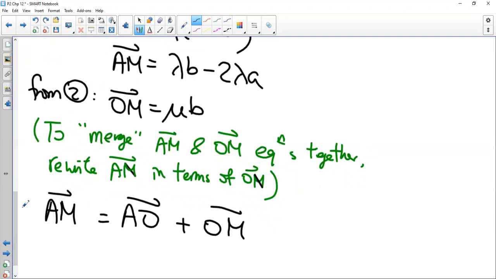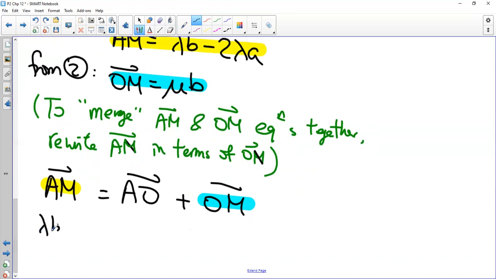So we know what AM is. AM is lambda B minus 2 lambda A. I'm going to color code it for you. So that's your yellow, that's your blue.